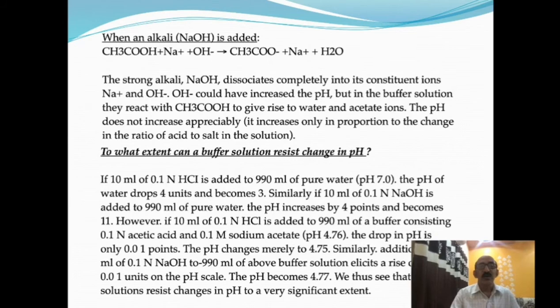The strong alkali NaOH dissociates completely into its constituent ions, sodium and OH minus ion. OH minus could have increased the pH, but in the buffer solution it reacts with CH3COOH to give water and acetate ion. The pH does not increase appreciably. It increases only in proportion to the change in the ratio of acid to salt in the solution.